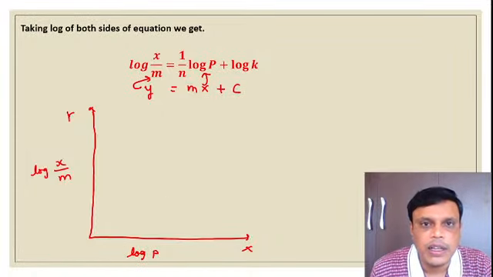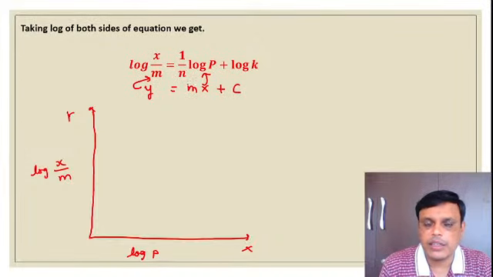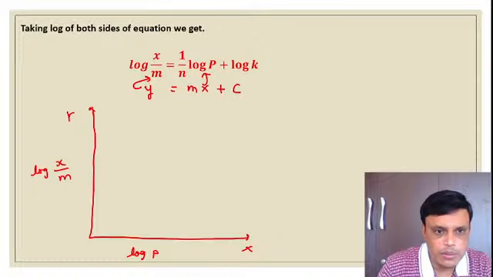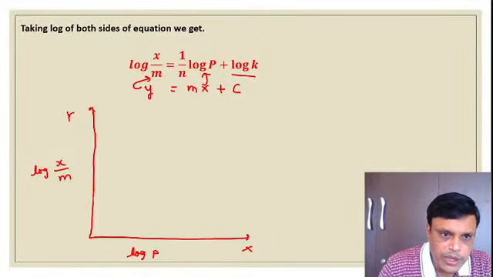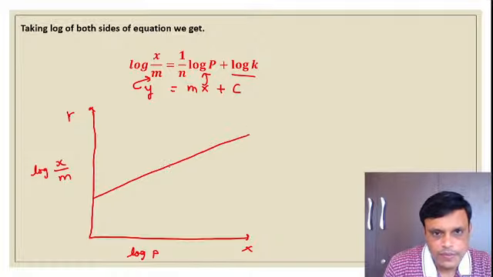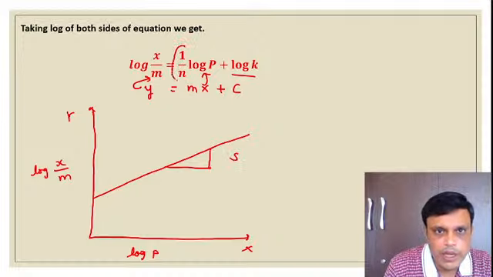And this 1 by n is the slope, and the slope is positive. So the nature of the graph is like this. And this c is the intercept on the y-axis, log k.